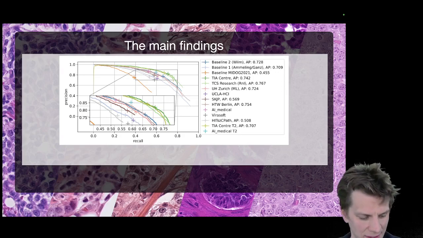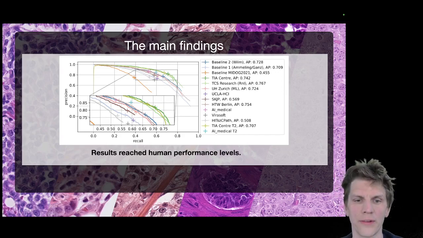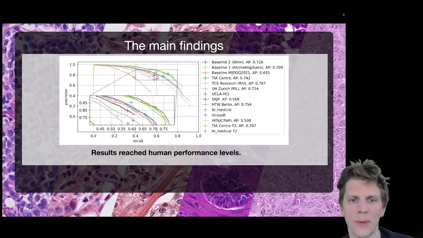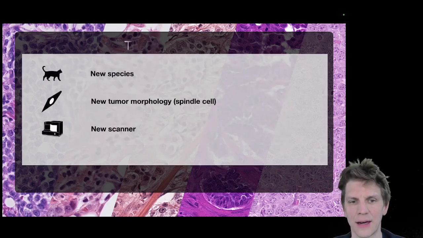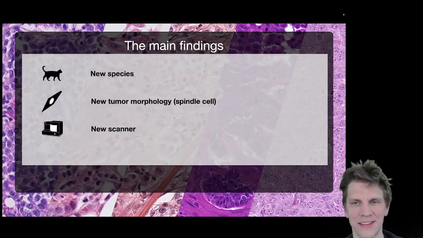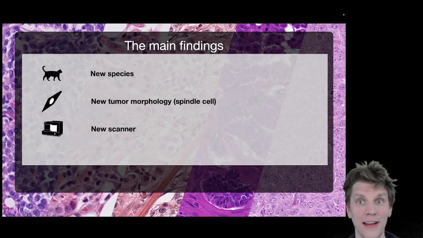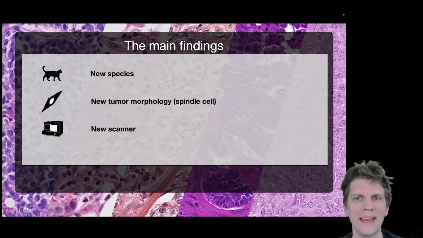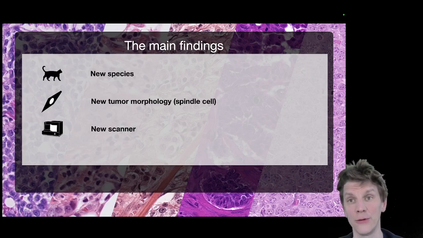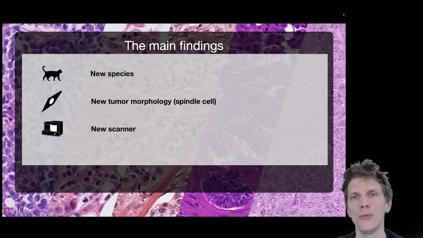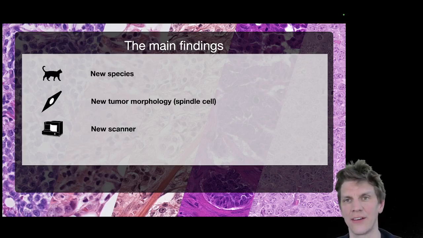So the task was accomplished in a way similar to human performance levels. Secondly, and this is one of the things that I was most curious about, we had the new finding that with all of the 3 major new domain compartments, we had a new species, we had a new tumor morphology, which was spindle cell morphology, and we had a new scanner that was also never seen in the training set.